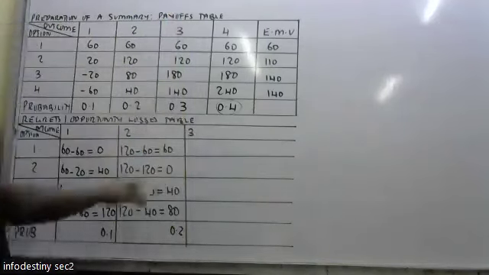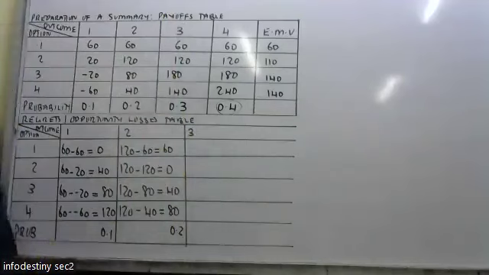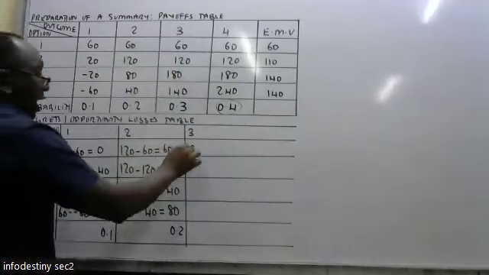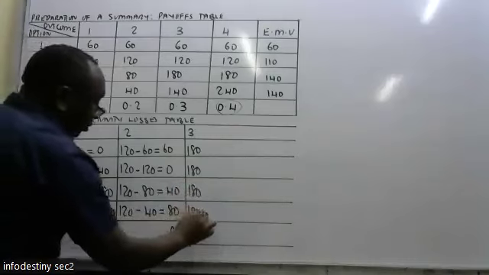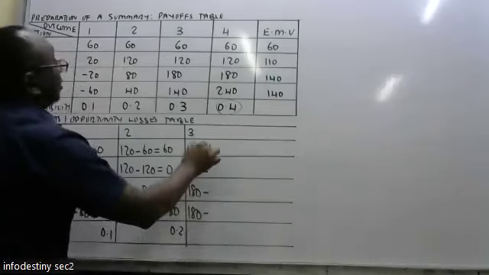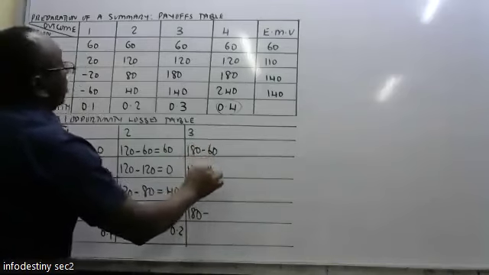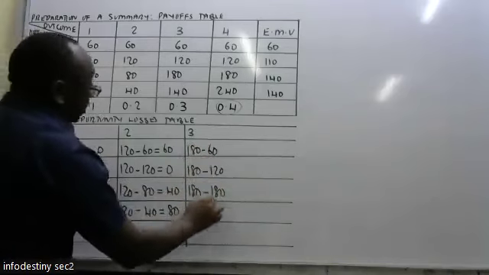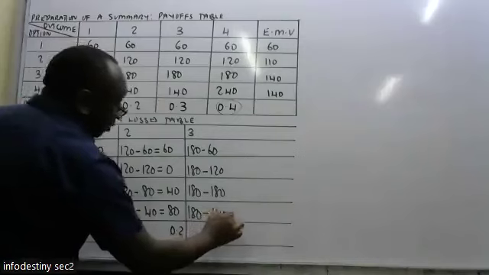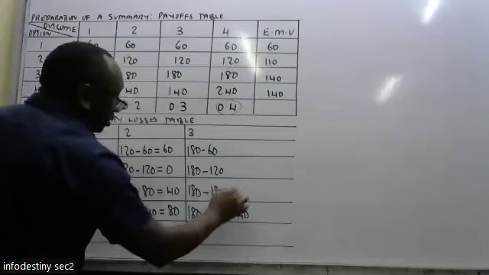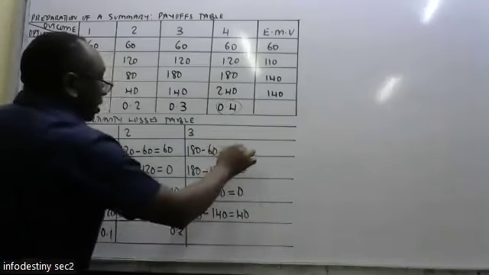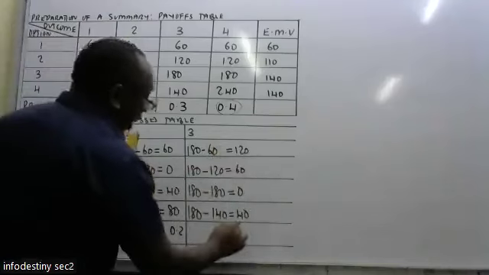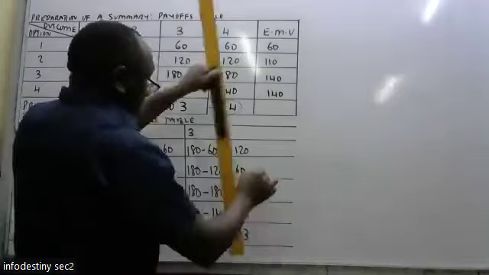In number 3, you identify the highest. The highest there is who? 180. From this 180, you subtract 60, 120, 180, and 140. So that here you get 40. This one is 0. This one is 60. And this is 120. And the probability is 0.3.